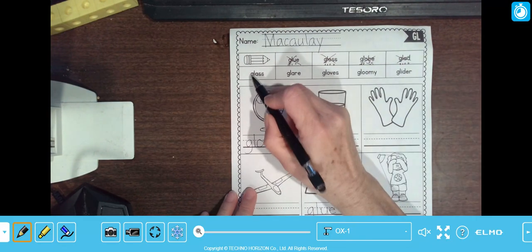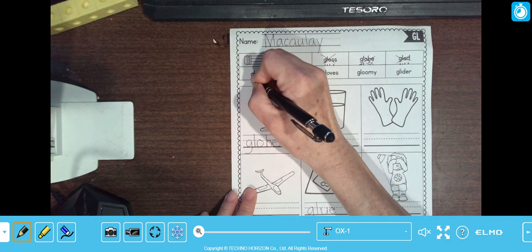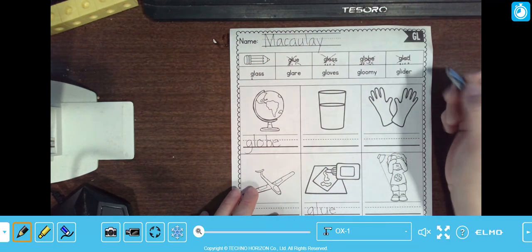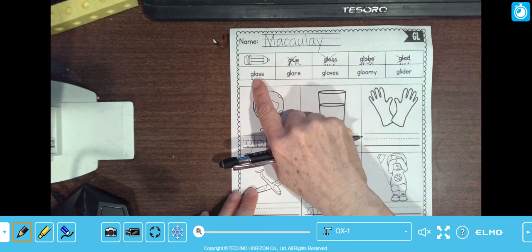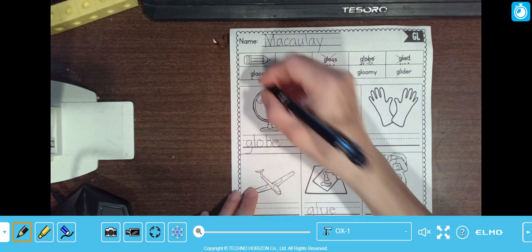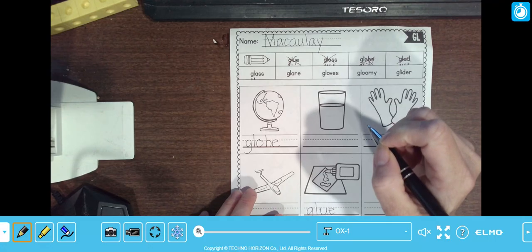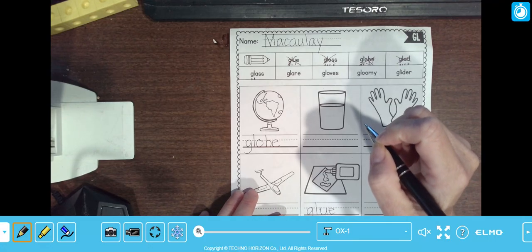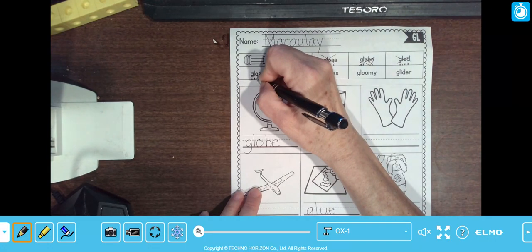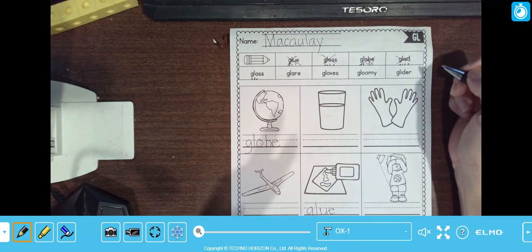Okay, sound of the G. G. Sound of the L. L. Sound of the A. A. Sound of the 2 S's together.